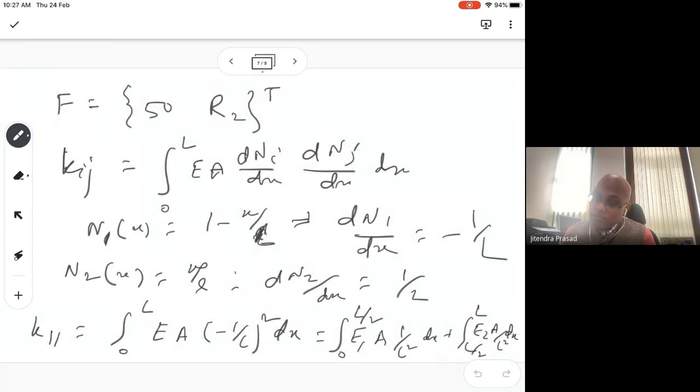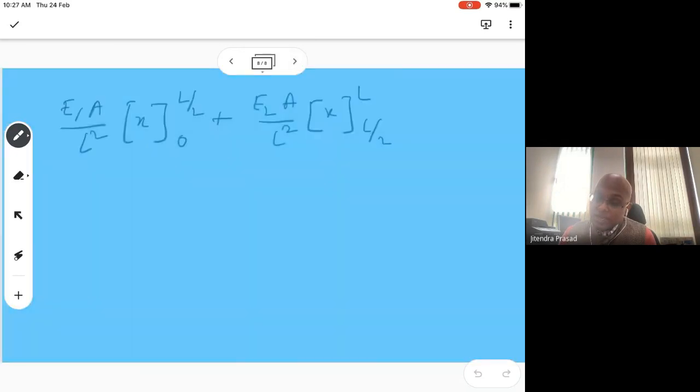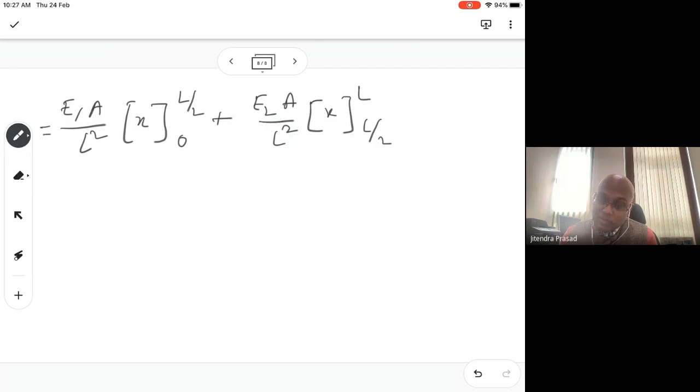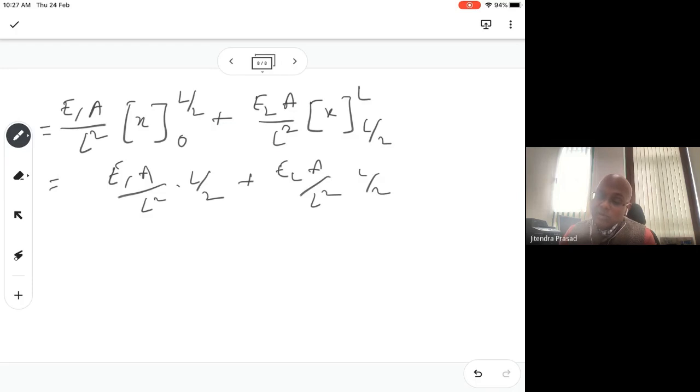So that's what we will get from here. Okay, and that equals E1 A over L square times L over 2 plus E2A over L square times L over 2, right?